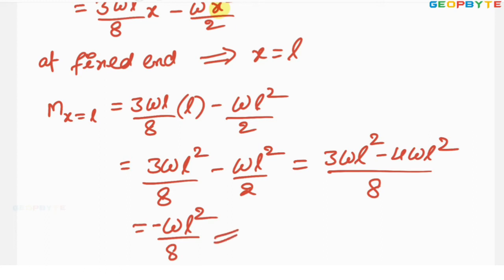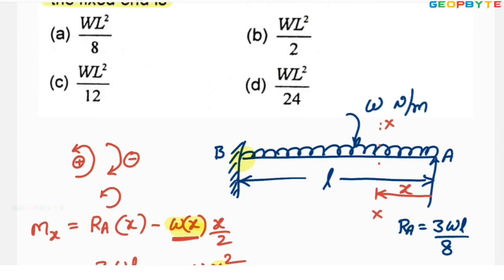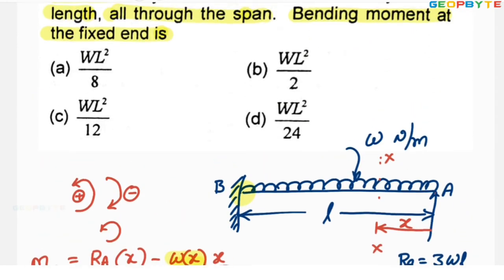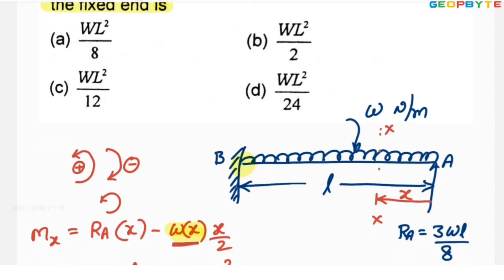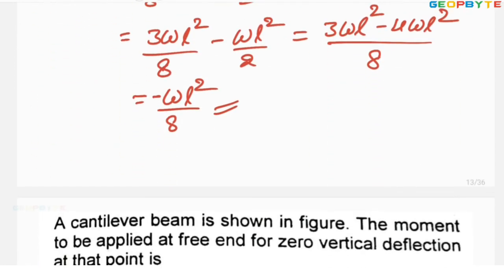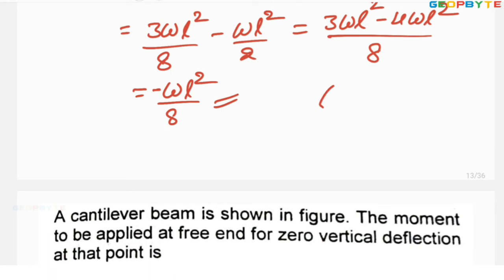That is the bending moment at a distance of x. But look at the options. Options are given without negative sign. It means he might have taken the clockwise moments positive, anti-clockwise moments negative.